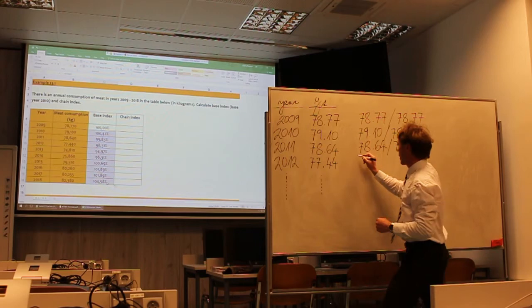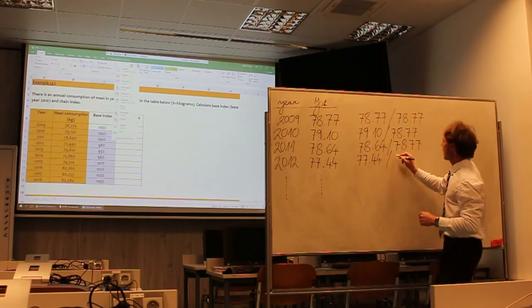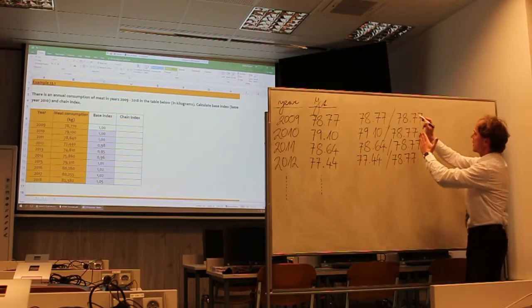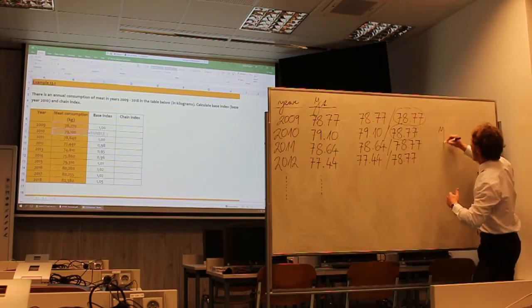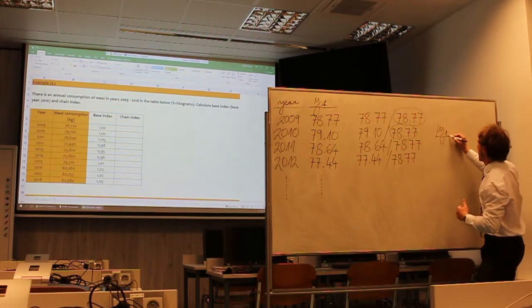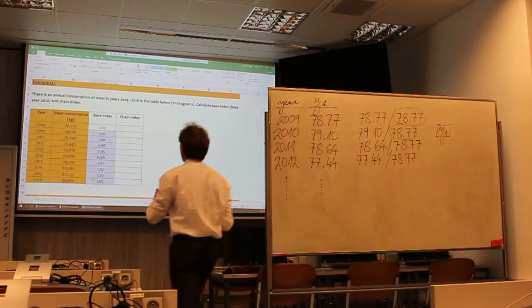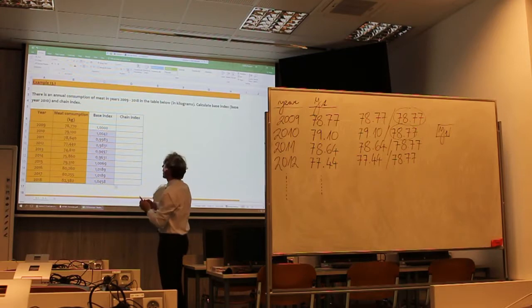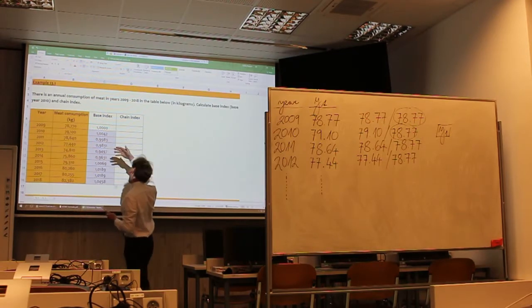And we can continue: 77.44 divided by 78.77. This is every time y1, the first observation. So this will be the development of base indices. There is no change on the first position.